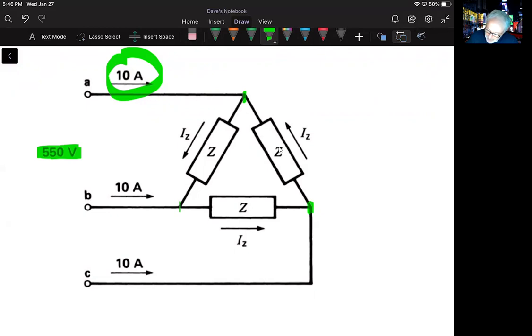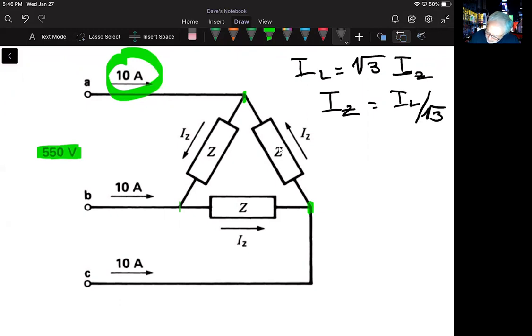We can do that. The line current is going to work from this equation that says the line current is equal to the square root of 3 times the branch current. I want to know the branch current, so I want to solve for I sub Z. I sub Z is going to be equal to the line current divided by the square root of 3.